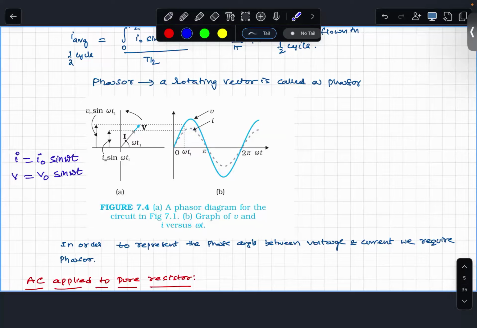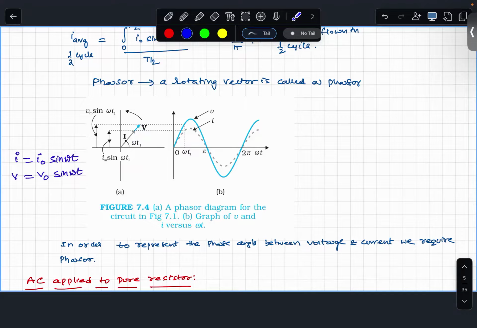But in the phasor approach, this is the current phasor, this is the voltage phasor, and at some time T1, it makes an angle omega T1 with the positive x-axis. This is how we introduce a rotating vector as a phasor. Any doubts on this?